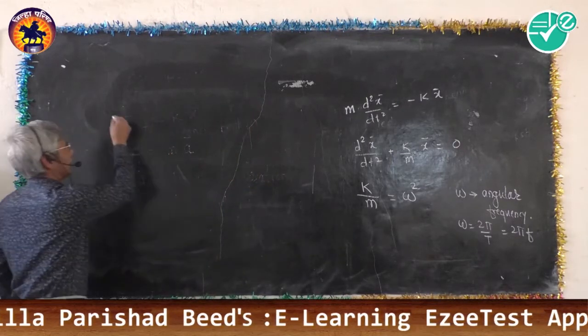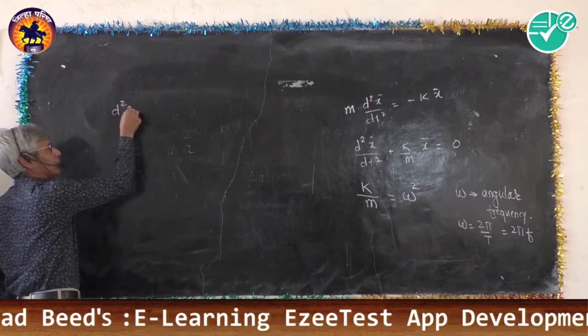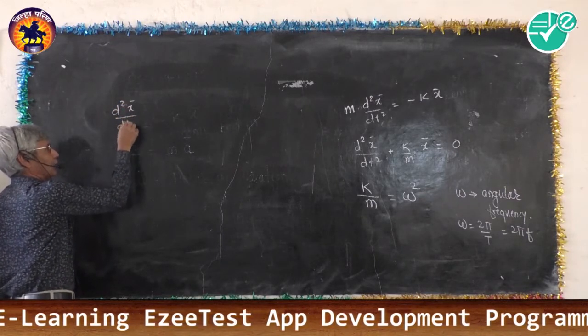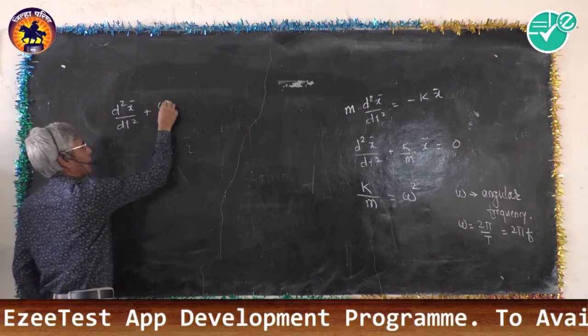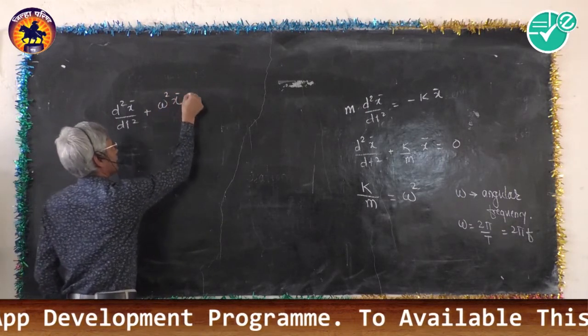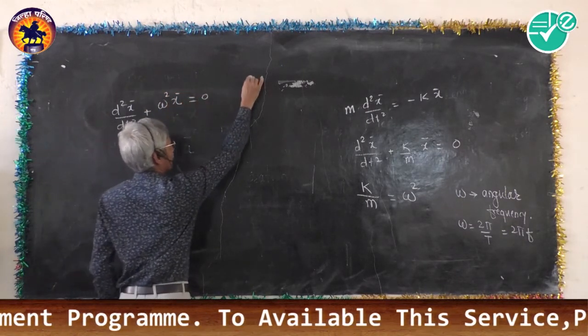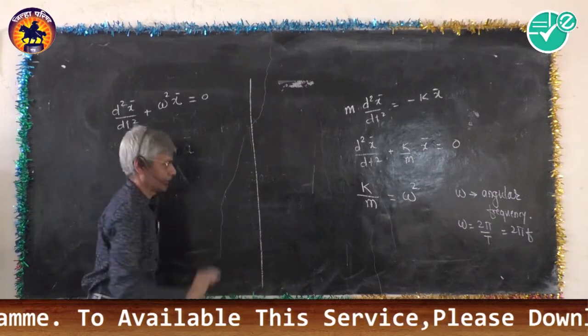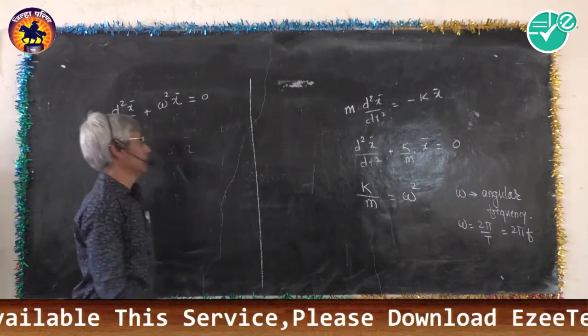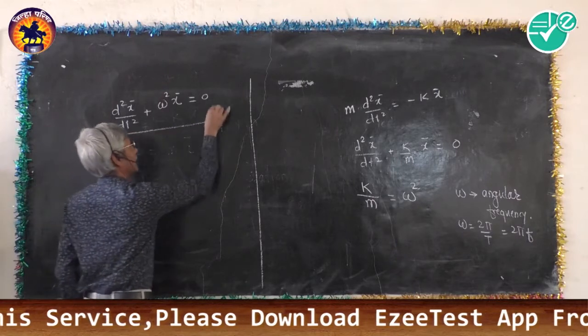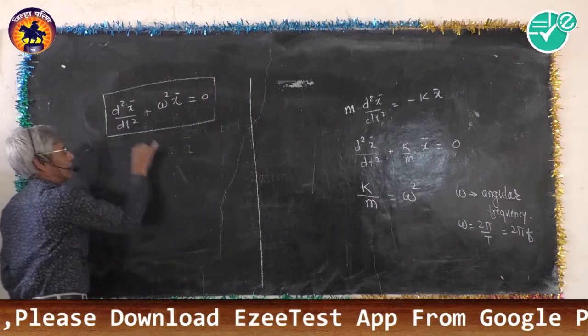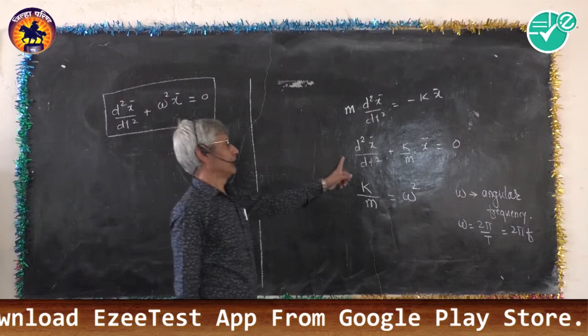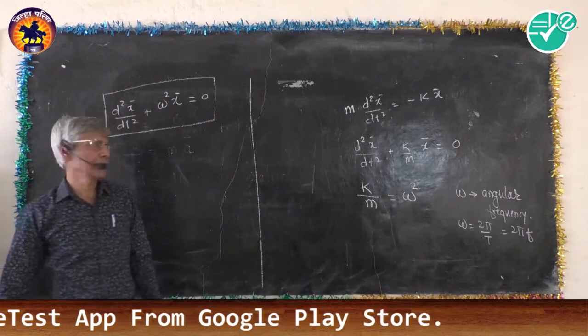So the differential equation can be represented as d2x by dt2 plus omega square x equal to 0. This is the differential equation of linear SHM. This is one form, this is the other form. Both are differential equations.